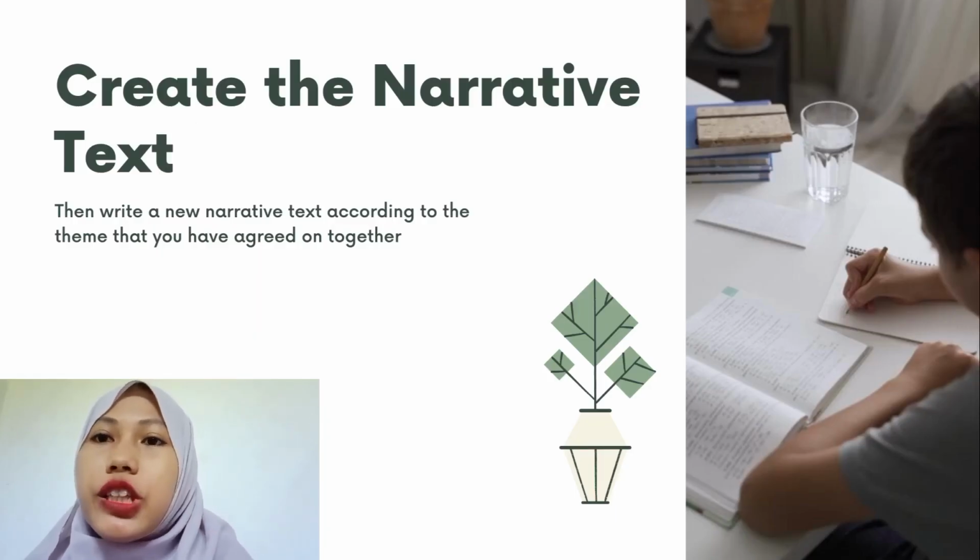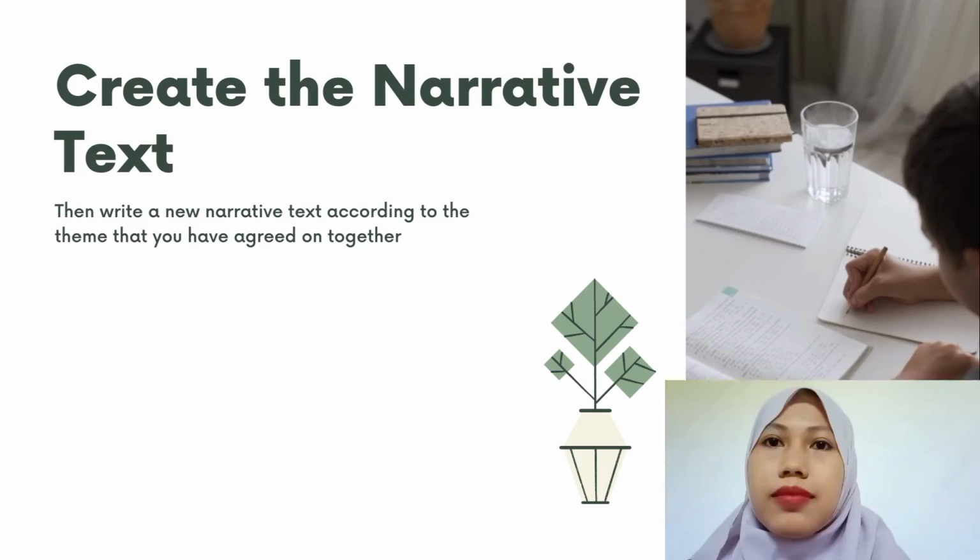Then write a new narrative text according to the theme that you have agreed on together. Make it as good as possible to read in front of the class as a representative of each group.